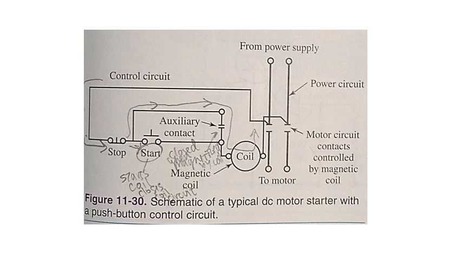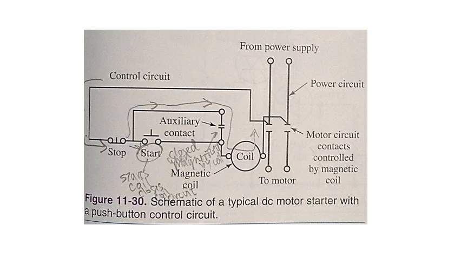C. The motor circuit contacts now supply power to the motor. And D. The auxiliary contact keeps the circuit completed to the coil so that the coil will remain energized when the start button is released. The circuit remains energized until the stop button is pushed.